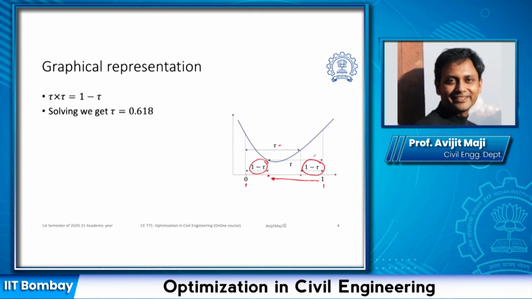If we eliminate this portion, we are retaining this portion, and within it we have one point, which, if we measure from the new upper boundary, should be tau times the revised distance.